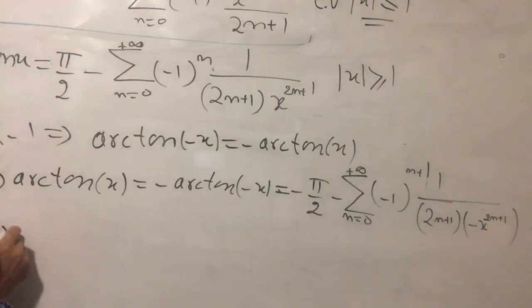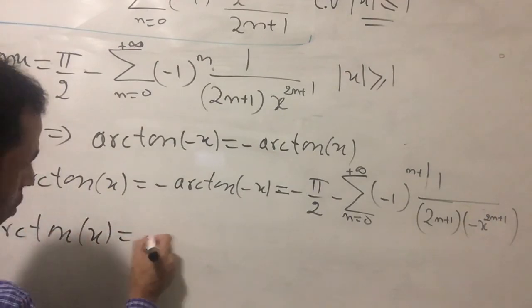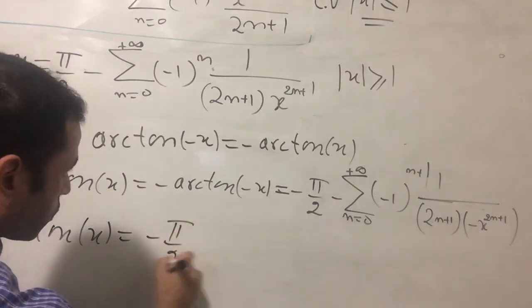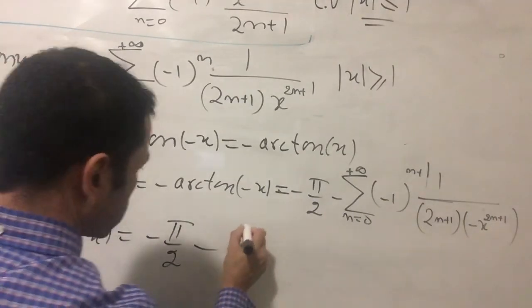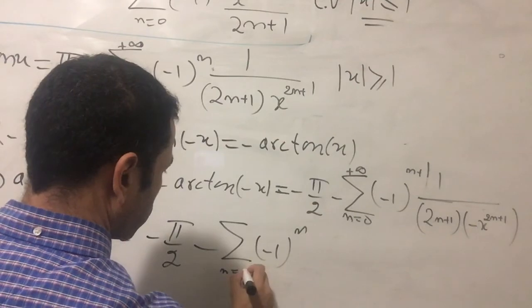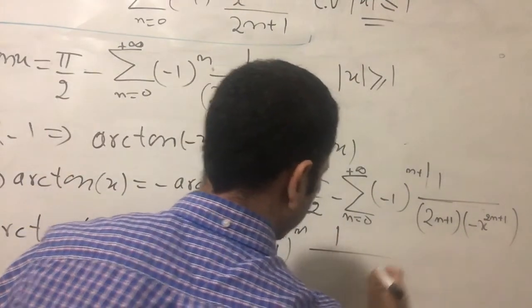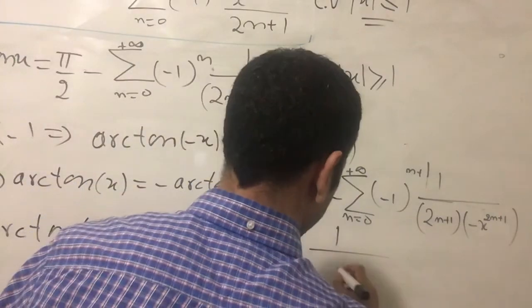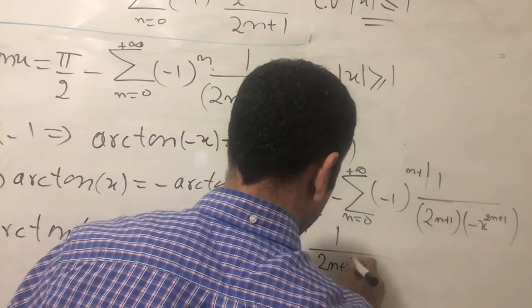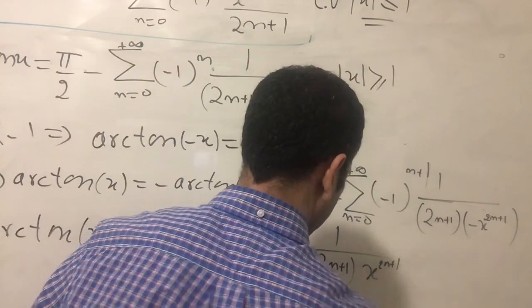So we'll have arctangent of x equal to minus pi over 2, with this minus sign, minus, the sum of (minus 1) to the n, as n goes from 0 to plus infinity, 1 over 2n plus 1, x to the 2n plus 1.